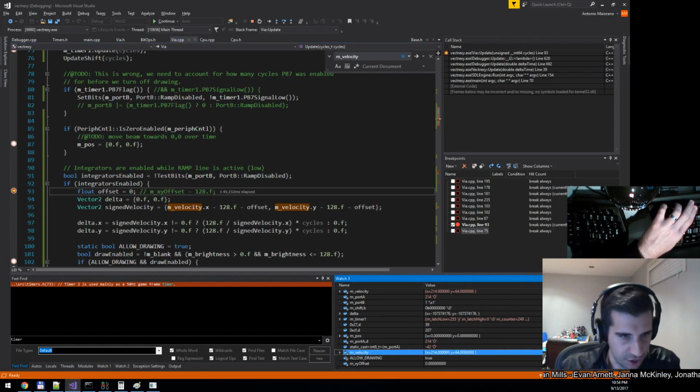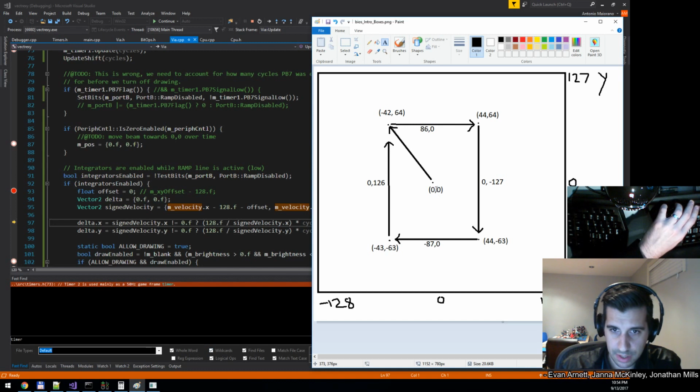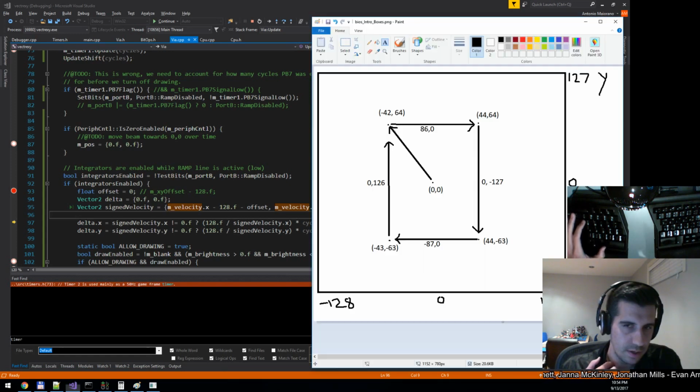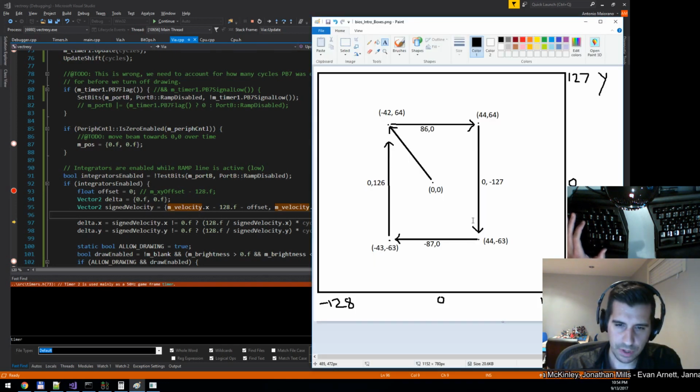So now our velocities are those larger values, sure, but then the sign velocity is 86 minus 64. $86 minus 64. What?